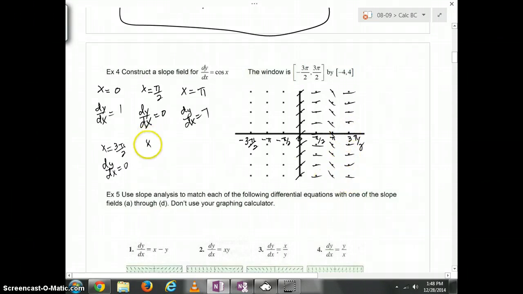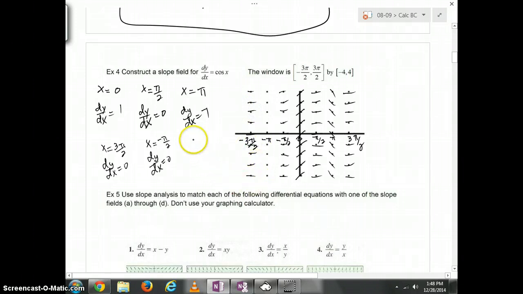Again, we can think, what about these negative values? At negative pi over 2, cosine of negative pi over 2, well, again, dy/dx would be 0. Same thing with negative 3 pi over 2, which would be coterminal with pi over 2. You can see we've got a horizontal tangent line slope.